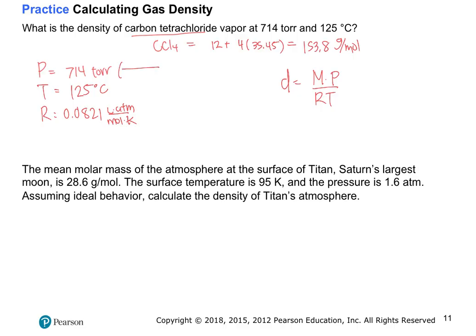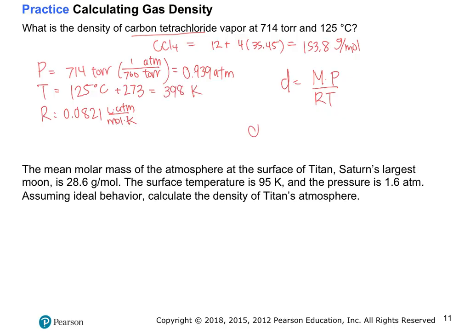So our torr needs to go into atmosphere. We haven't done that yet, but as a reminder, 760 torr is 1 atmosphere. So when we divide that over, we get 0.939 atmospheres. And then we're going to add 273 to get Kelvin, and we end up getting 398 Kelvin.